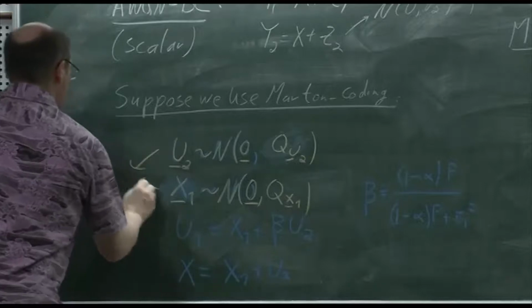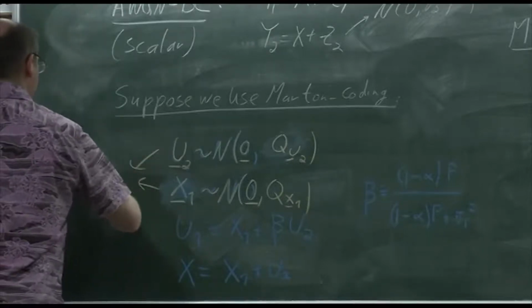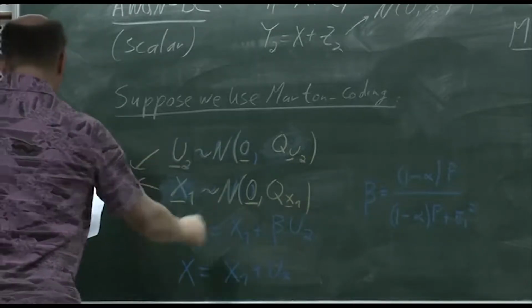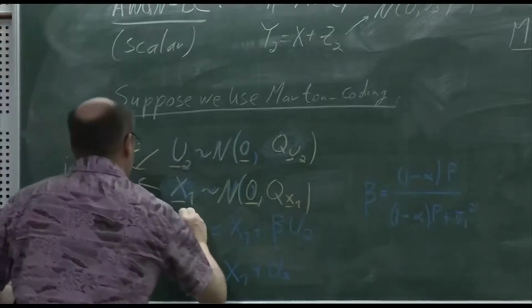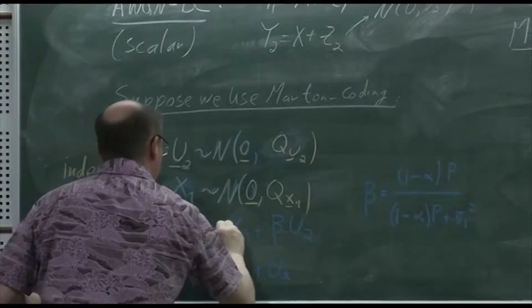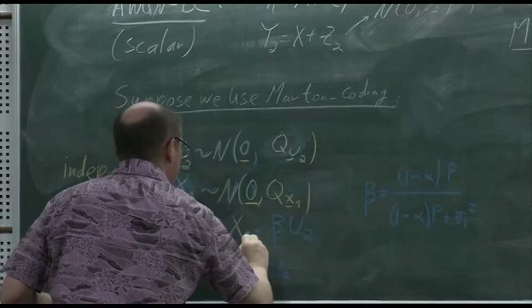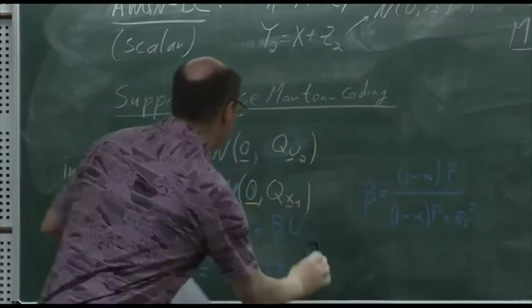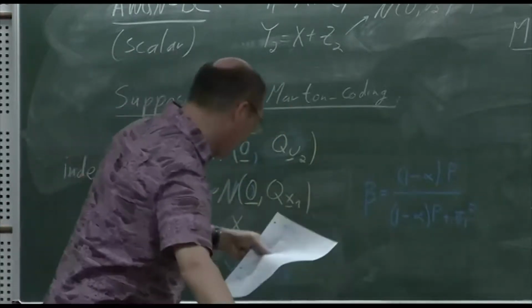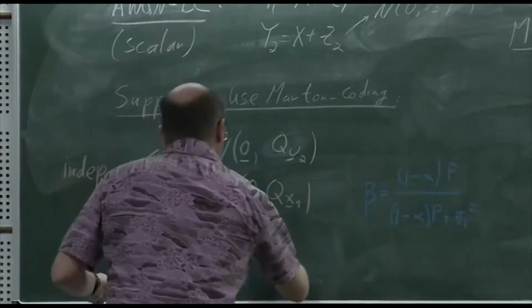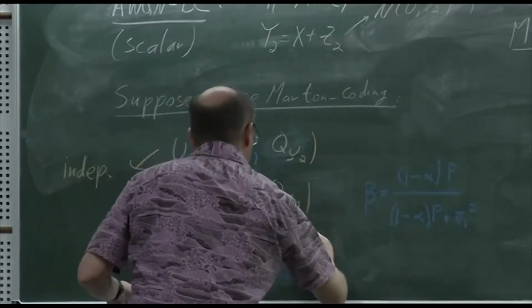These we choose to be independent, just like for the scalar case, and then we'll choose our u1 vector to be just a similar kind of thing, x1. And now rather than beta, we need a rotation matrix that we also have to optimize, plus b u2.